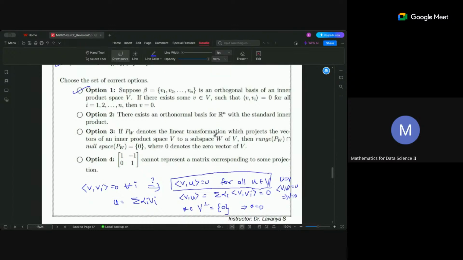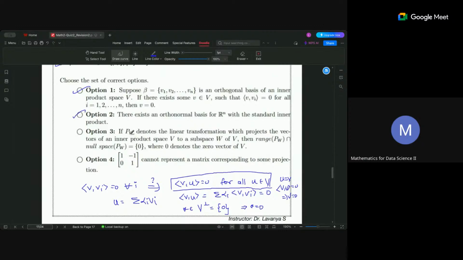Okay, I understood. So option 2: there exists an orthonormal basis for Rn with the standard inner product. True or false? True. Always there is one with respect to the standard inner product. You know that the standard basis is always there, right?